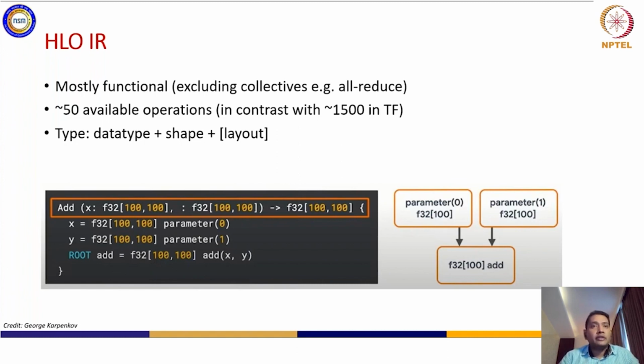And it's strictly typed; data type plus shape should be static. These 50 operations are highly optimized and are a subset of those 1500 operations. Not all operations are compilable in XLA, so you need to know which operations you are going to compile to get them optimized for your target model training.